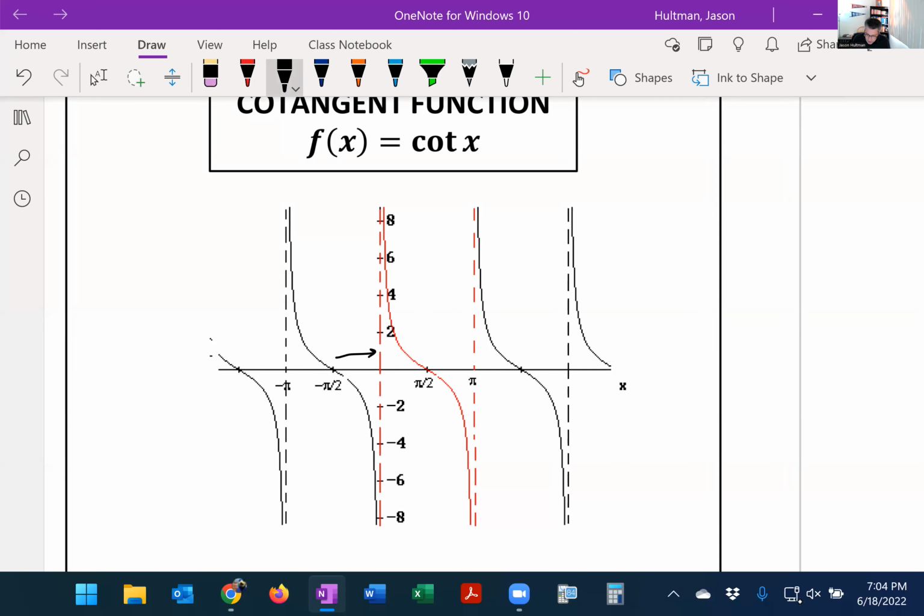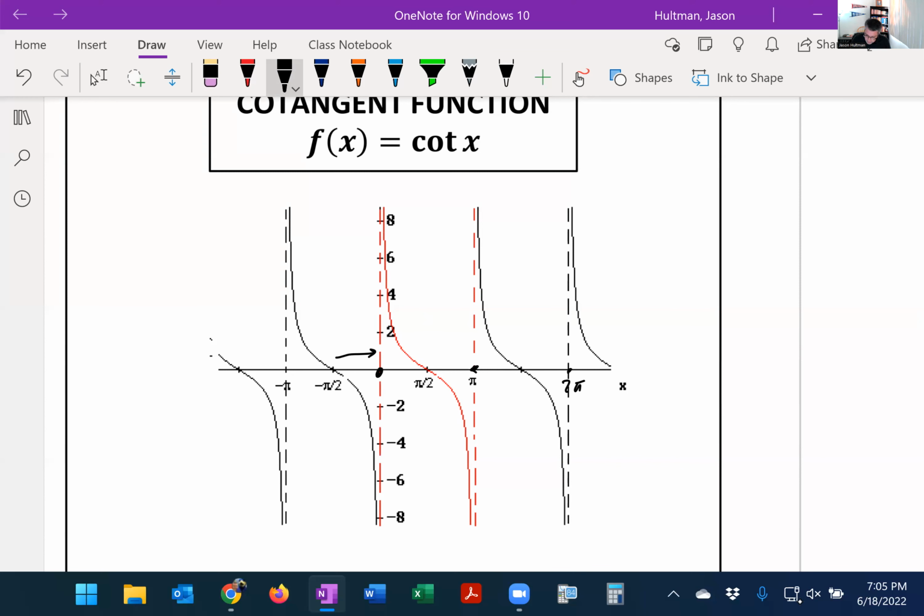So instead of starting at negative pi over 2 as the asymptote, we start at 0. And then instead of the other asymptote being at pi over 2, it's at pi. So we actually end up going up every pi units. This one would be at 2 pi. Every pi units would be another period, another cycle.